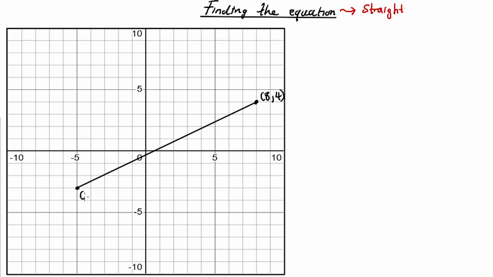And then you also have minus 5 and negative 3 as y. So let's call these point A and point B. Then, as you can see, this is a straight line. So you are required to find the equation.